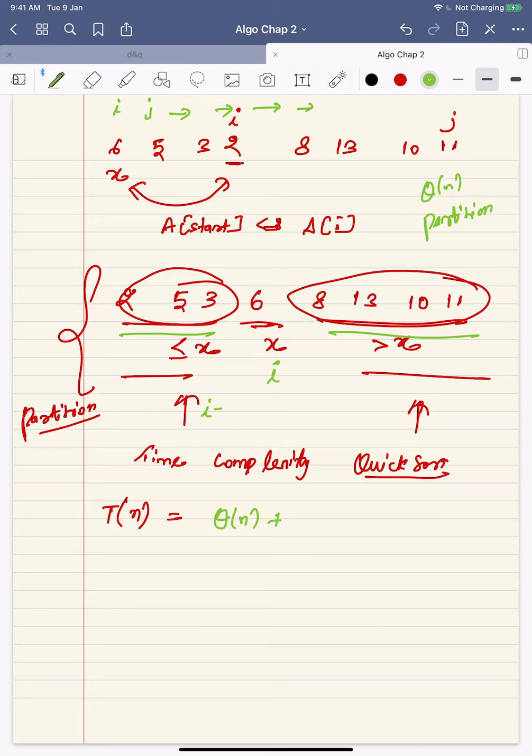This will be I minus 1 and this will be n minus I. Right? So I minus 1 plus 1 plus n minus I becomes n. So that means the two arrays are maybe of different size. So theta n plus T of I minus 1 plus T of n minus I. Okay, now how do I solve this? Good. So before I start solving this in detail, let's do some simple things like, okay, what will be the worst case analysis?